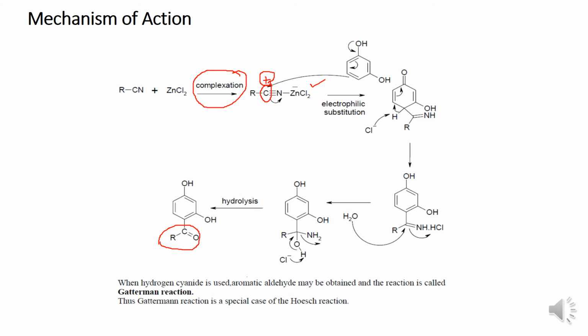So in place of alkyl cyanide, if we use hydrogen cyanide, aromatic aldehydes are obtained. So that is called Gattermann reaction. Thus, Gattermann reaction is the special case of Hoesch reactions.